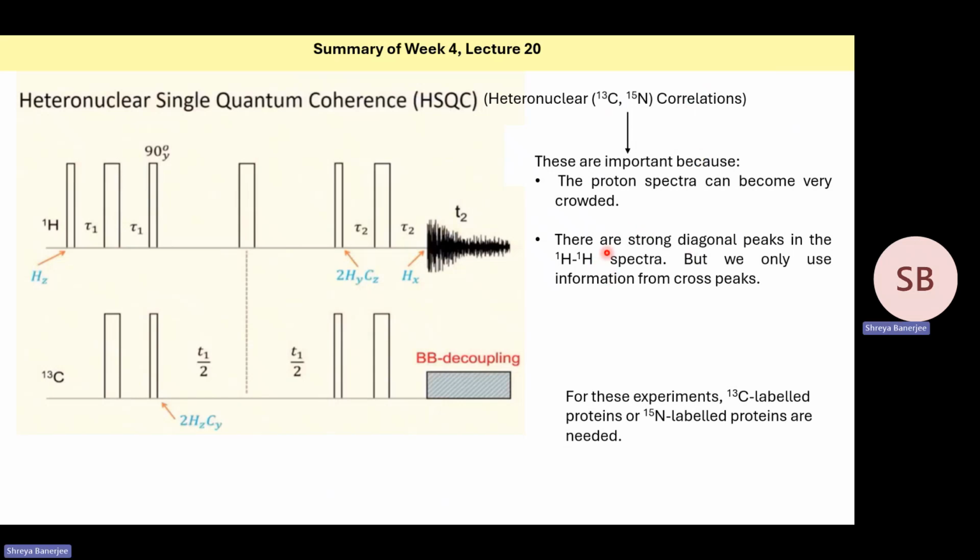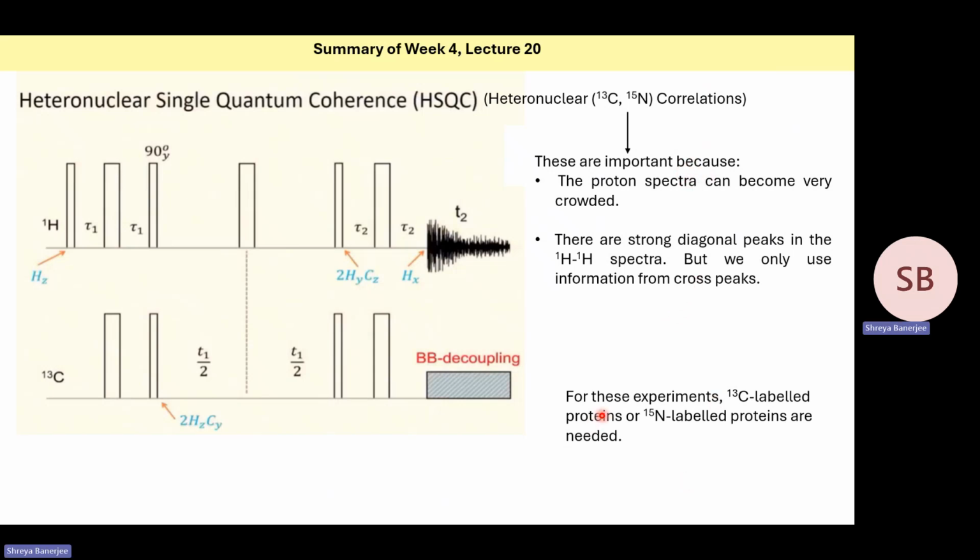Now, another problem is that when you have a homonuclear system, you have diagonal peaks, but the diagonal peaks don't give us any information. The diagonal peaks are very strong, but they are useless. So heteronuclear correlation will not have diagonal peaks. It will only have cross peaks. So that is another advantage of the heteronuclear spectrum.